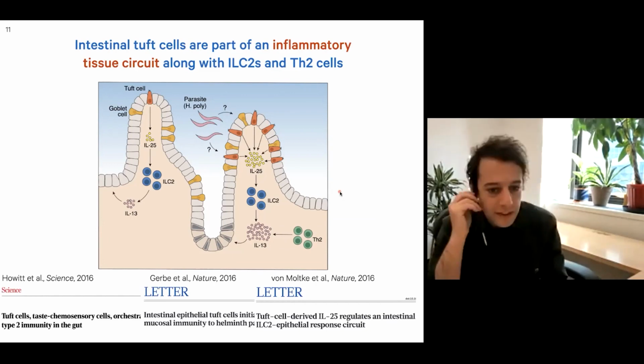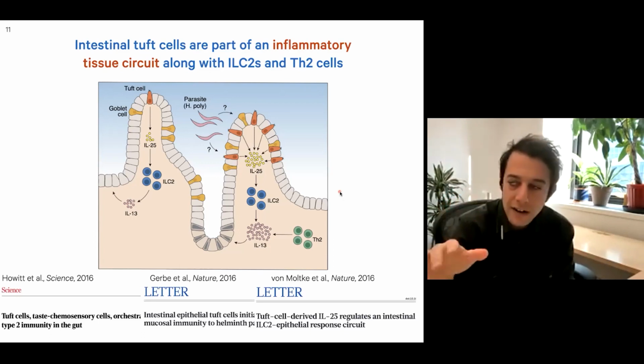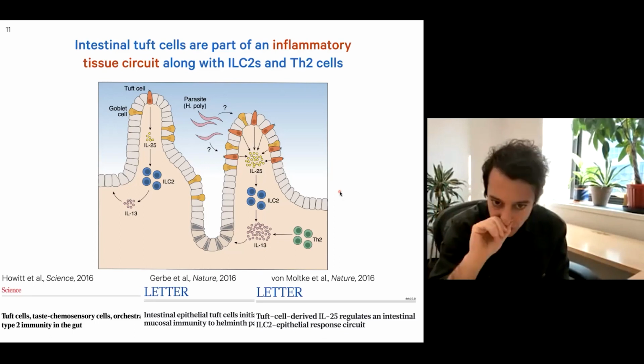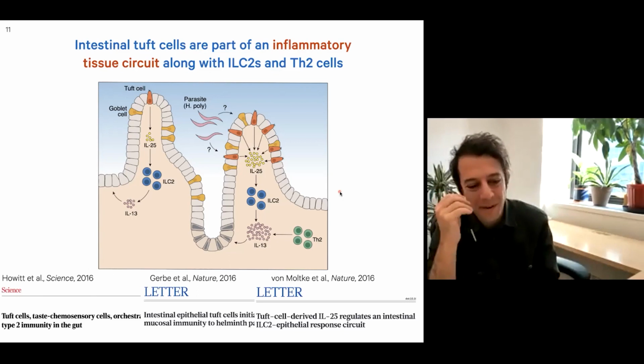They are a relatively recently characterized subset of epithelial cells. They're named for they have a tuft of microvilli, which is visible using an electron microscope, although I'm not showing you that, but you can take my word for it.